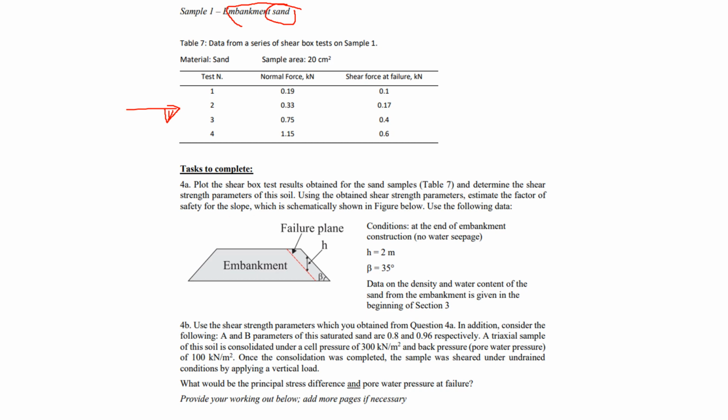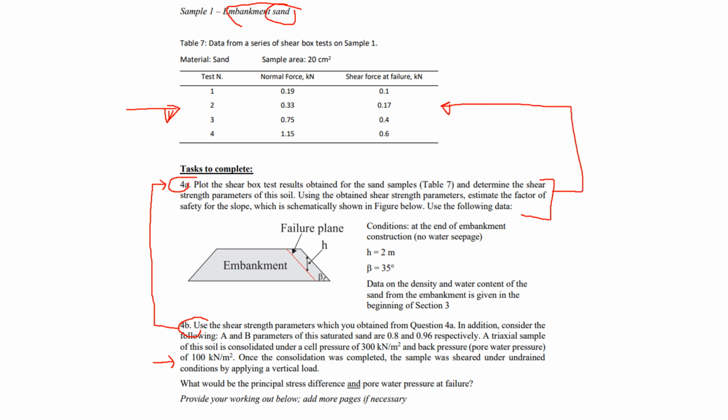For this question, you see that A and B are all connected. If you solve the problem for B, the properties, for example the shear strength of sand that you need to solve this problem, you should take from question A. So just remember, A and B are connected, and they're also connected to this set of data.